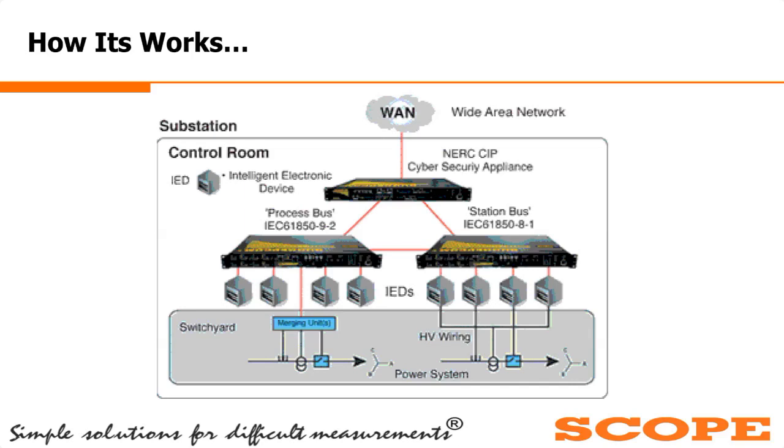by means of these network switches, because you can't connect multiple devices, multiple IEDs, multiple relays directly into a server, because a server has a limited number of ports which can accept data packets.